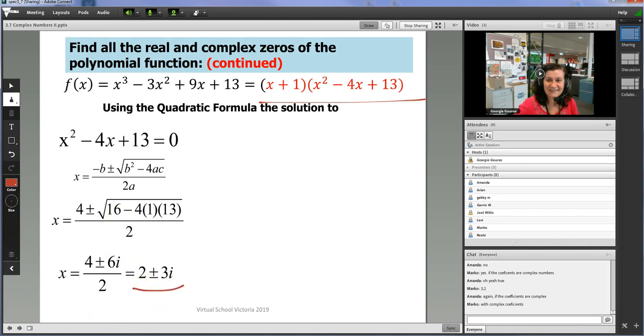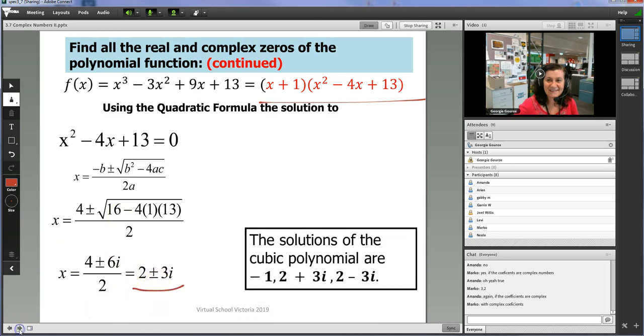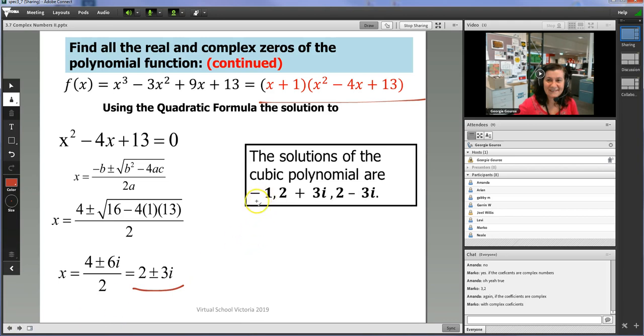And yeah, that's the complex solution. So there are the 3 solutions. You've got your -1 and 2 plus minus 3i conjugate pairs, because the original polynomial had real coefficients.